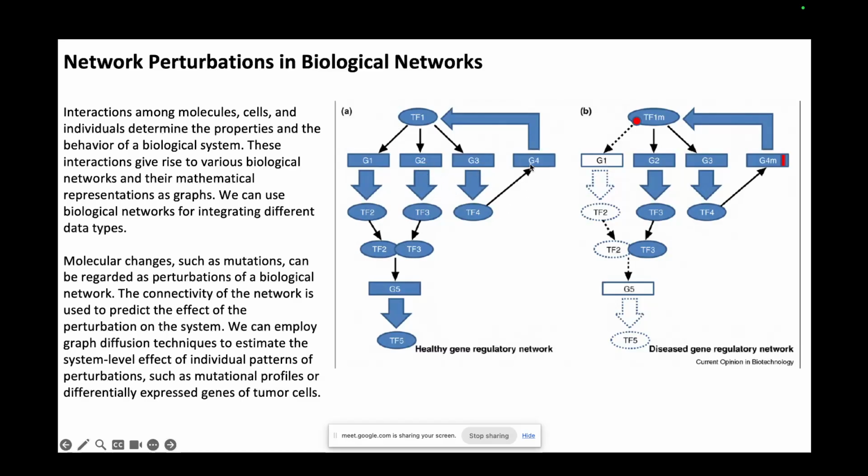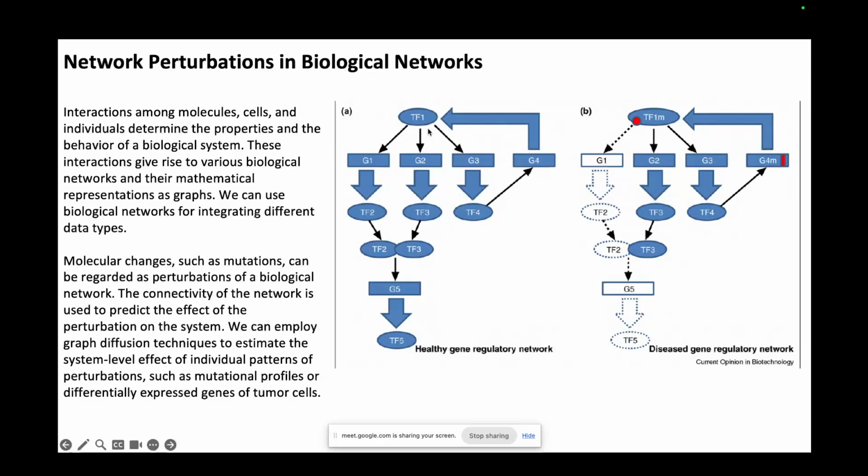For example, here the second gene is forming a product, TF3, which goes and binds to TF2, which regulates G5 to form TF5. Now, once TF2 is not there, it is not possible for TF3 to regulate G5 to form this transcription factor, which can do the other things it is supposed to do.